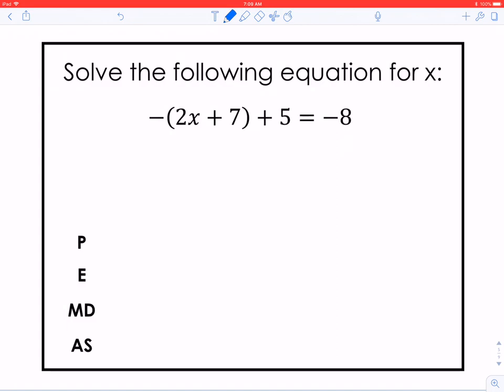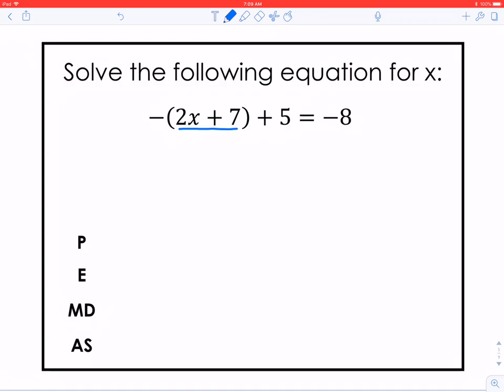Okay, let's check and see what operations we have here. I've got some cleaning up to do because I see a set of parentheses. Although there's nothing inside that I can combine because 2x and positive 7 are not like terms. One has a variable, the other is a constant. So I can't combine those, but I do notice that I have a negative sitting in front of that parenthesis.